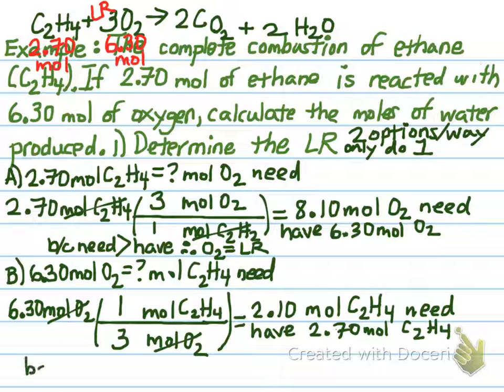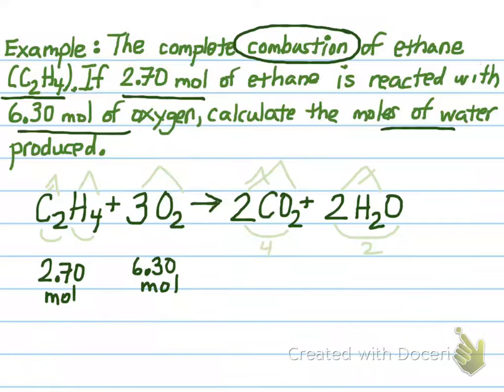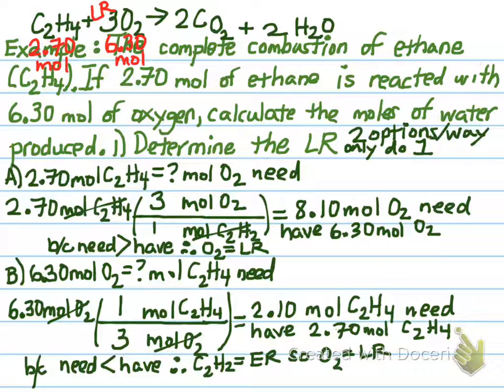Because I need less than what I have, therefore, this is the excess reagent. So the other reactant has to be the limiting reagent. Notice it didn't matter which way I did this. I still ended up with the same excess and limiting reagent.